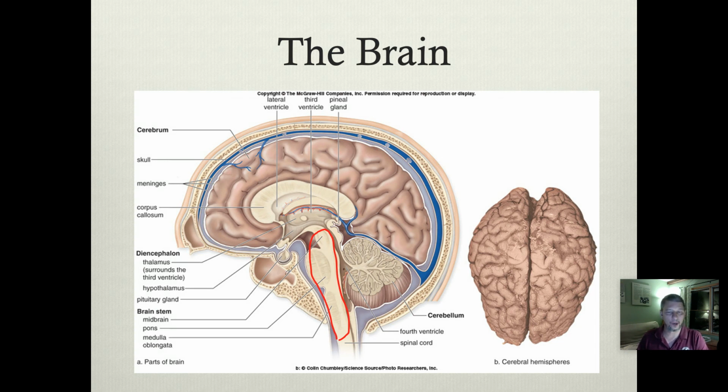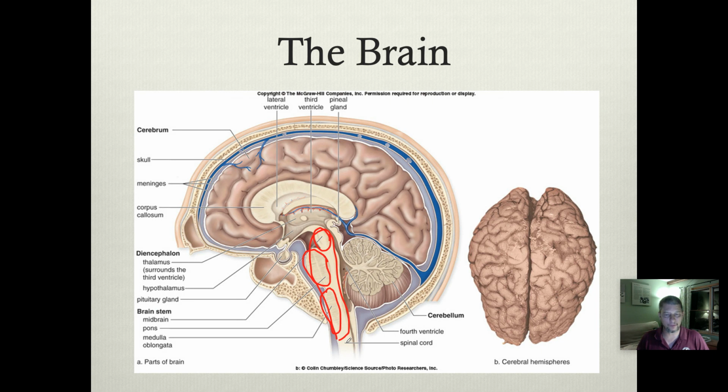We already pointed out the medulla oblongata, that's this area in here. That's what controls the involuntary functions and that sort of thing. The pons is located here. So this is the pons. And then the reticular formation or the midbrain is this portion up here.